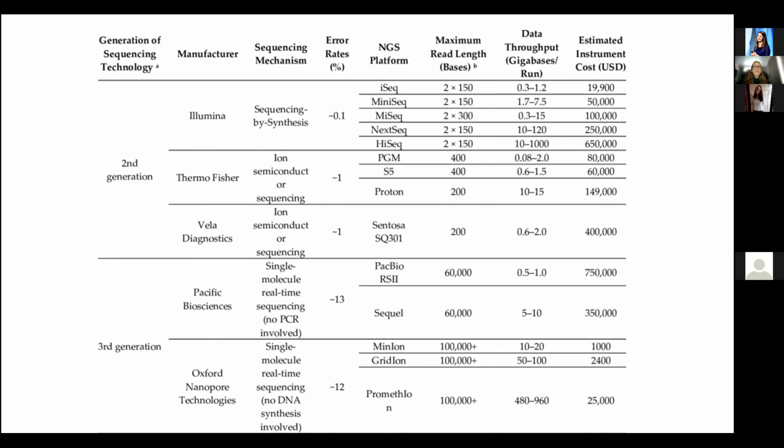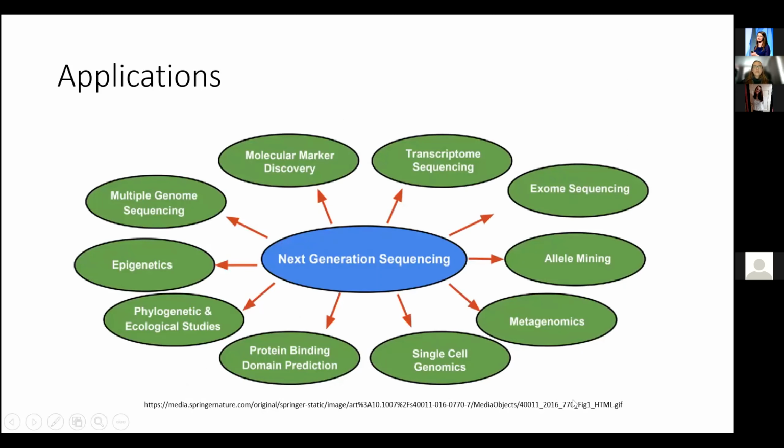And more about the applications. This is a little summary of the applications of next generation sequencing, or just sequencing. There can be transcriptome, exome, metagenomics.